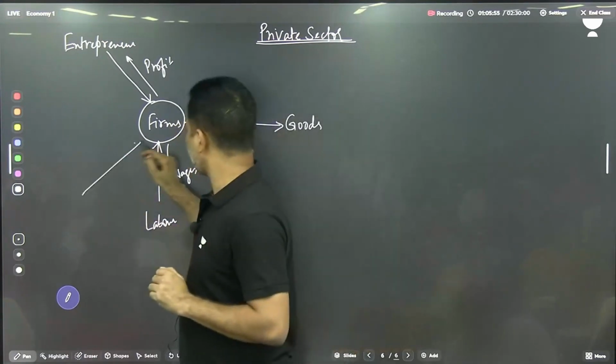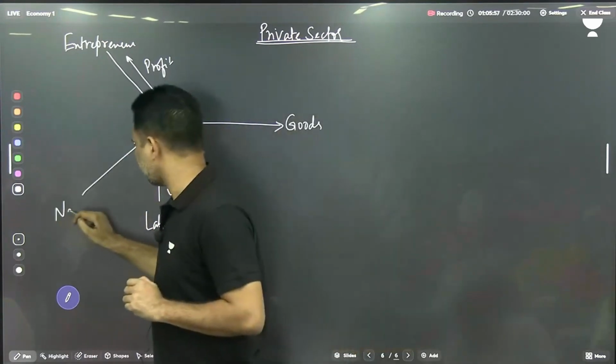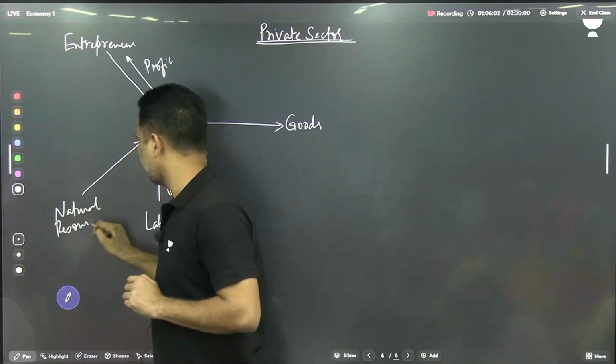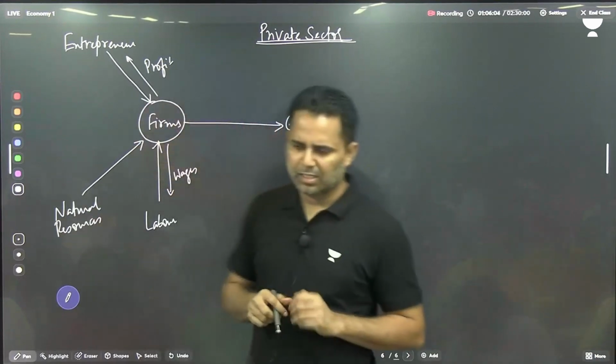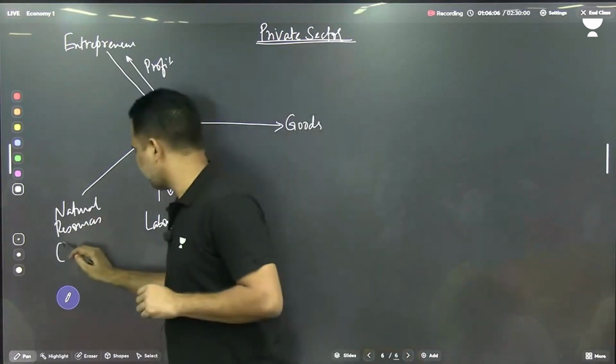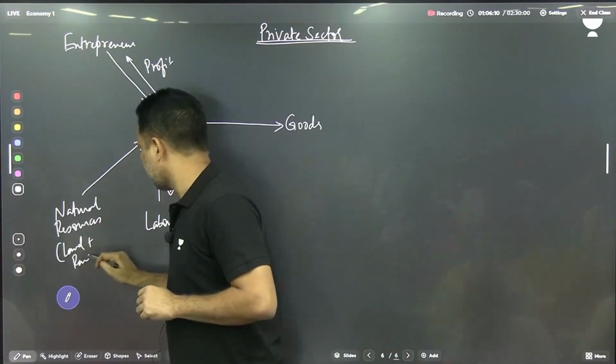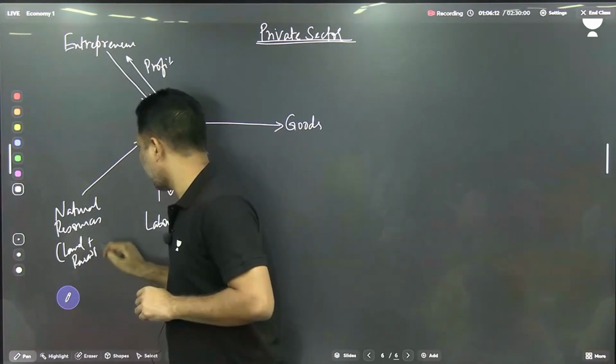The other input is natural resources. Natural resources include land plus raw material.